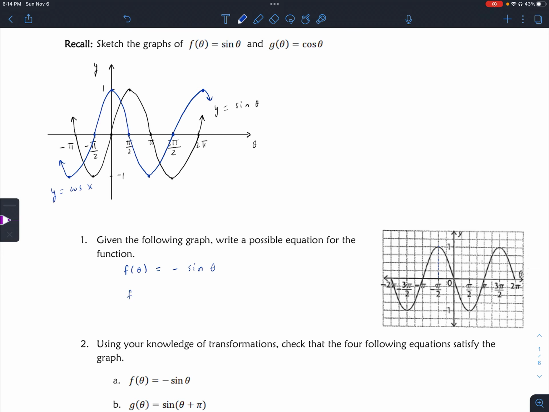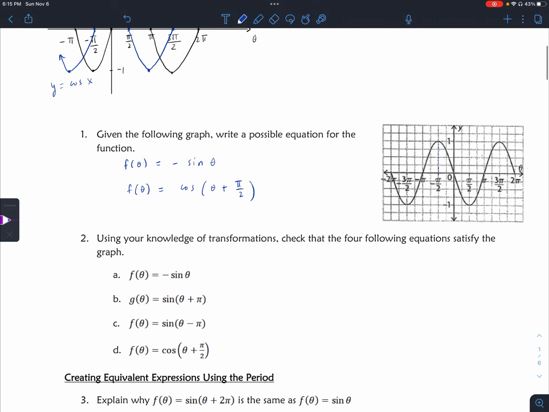And so another possible equation is cosine, and there's a phase shift here. So theta is shifted to the left, so it's going to be plus pi over 2. Okay, so cosine of theta plus pi over 2 is another possible equation here.